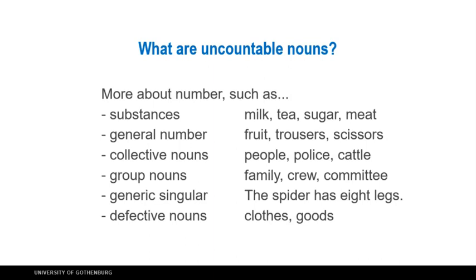If we want to talk about one object, we have to use another word, and often that means that we need to be more specific. If we want to say something about one piece of clothes, we usually say something like a sock or a t-shirt or a skirt or something like that.